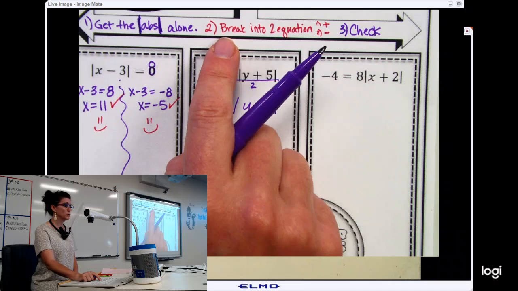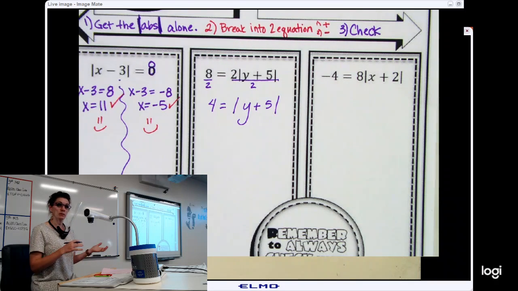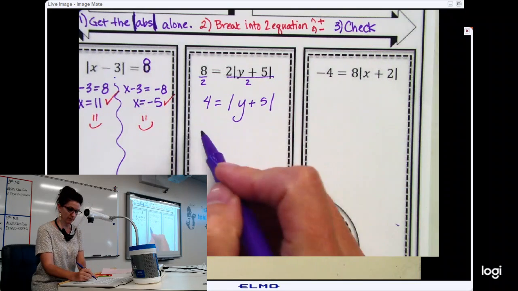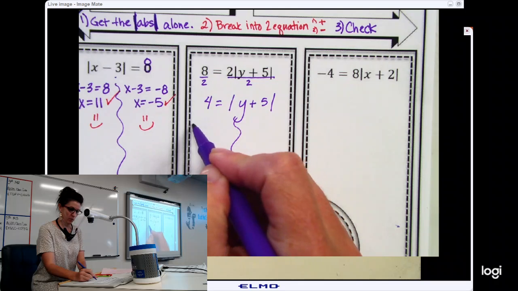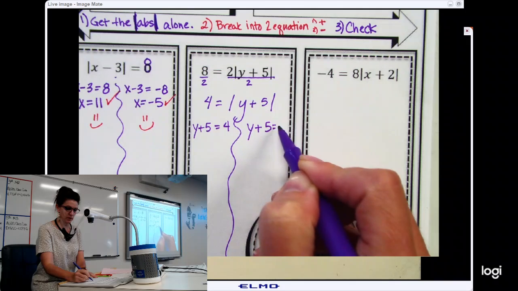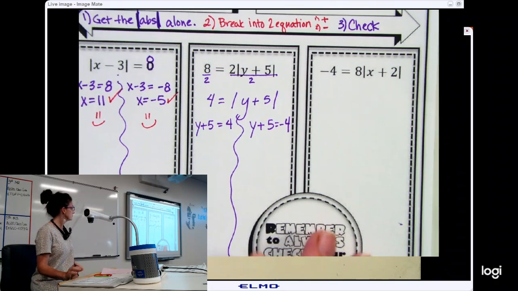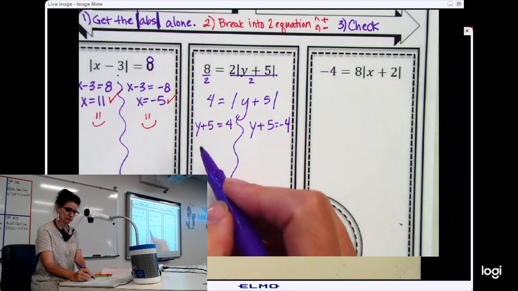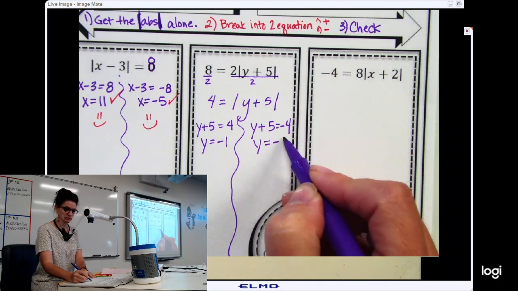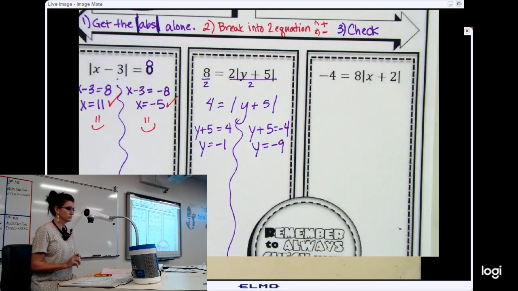Okay, second part, break into 2 equations. One equals the positive, one equals the negative. So I'm going to kind of flip this as I write it down. I've got y plus 5 equals a positive 4, and y plus 5 equals a negative 4. Solve both of those. All right, JC, will you check -1?